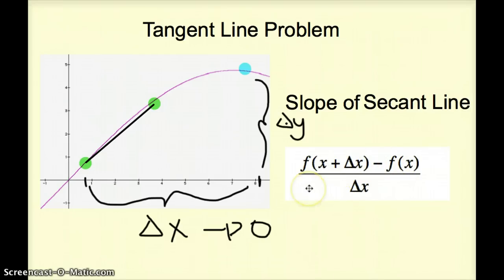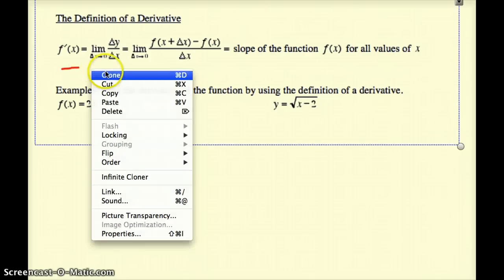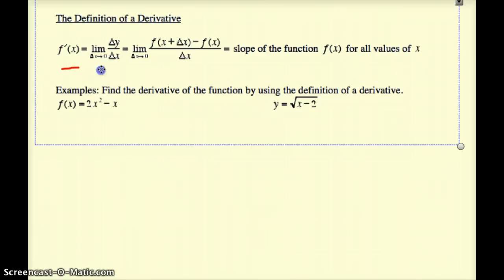So what we're going to do is take this one step further and take a look at the derivative. So here is the formal definition of a derivative. I'm going to use my pen so we can follow along. If you take a look at this, f prime of x is the same as the limit as delta x approaches 0.